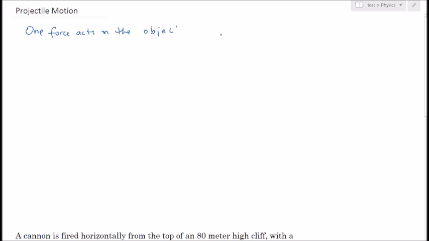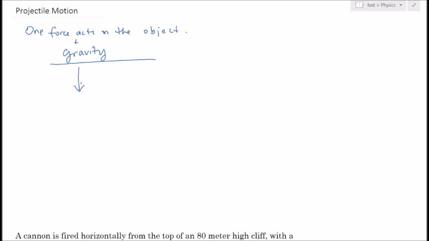And when something is in the air, the only force is gravity. So from that, we should know that the only force acting on any projectile will be gravity, and therefore it will only be downward.